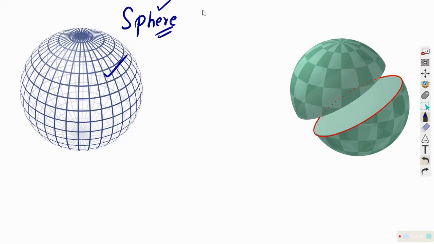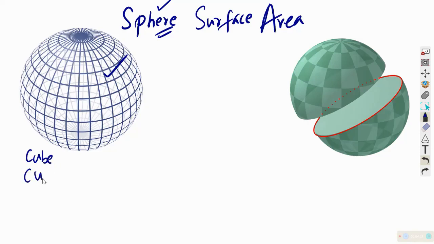Now the topic is surface area and volume. When we say surface area, what have we taken so far? Cube, no problem, that is equal length, equal breadth, equal height. Cuboid, there is length, breadth and height.